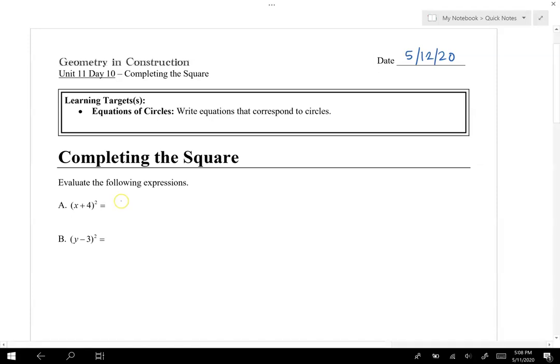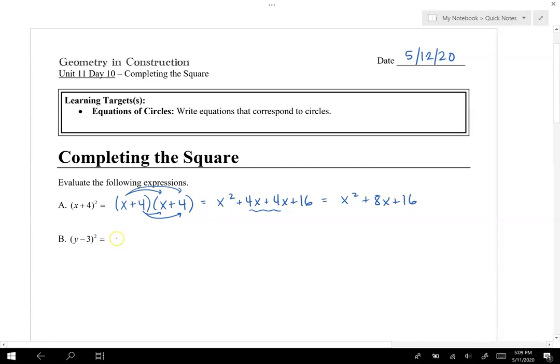All right, so we're going to check this. X plus 4 squared technically means that you write this out twice. And then, if you remember, you're going to distribute your values here so that you get x squared plus 4x plus 4x plus 16. These are like terms, so that's x squared plus 8x plus 16.